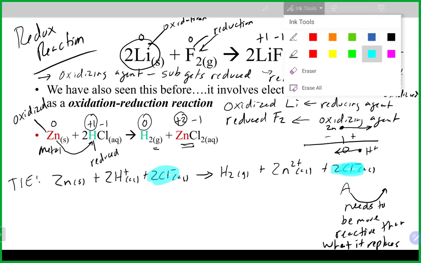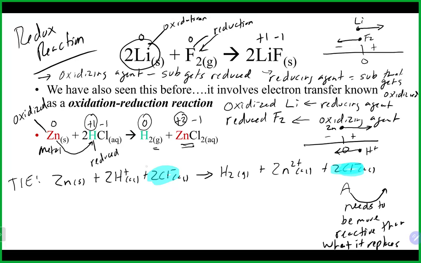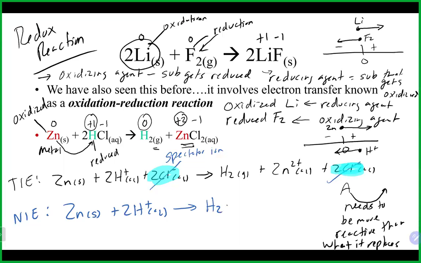We could actually cancel out the chloride in this case, which would be our spectator ion. And that would get us our net ionic equation, which would be zinc plus our 2 H+ is going to go and make our H2 and our zinc with a 2+ charge.